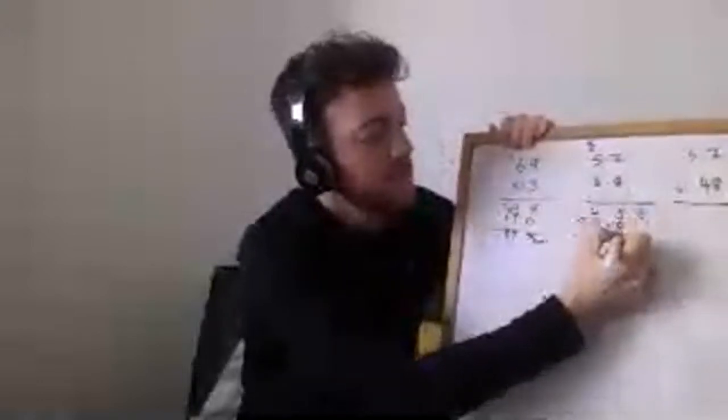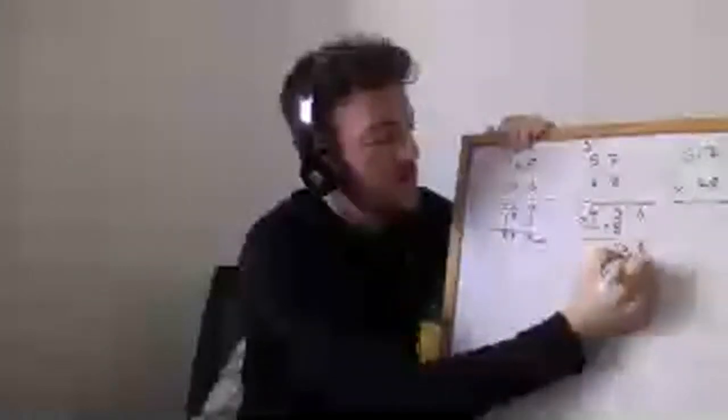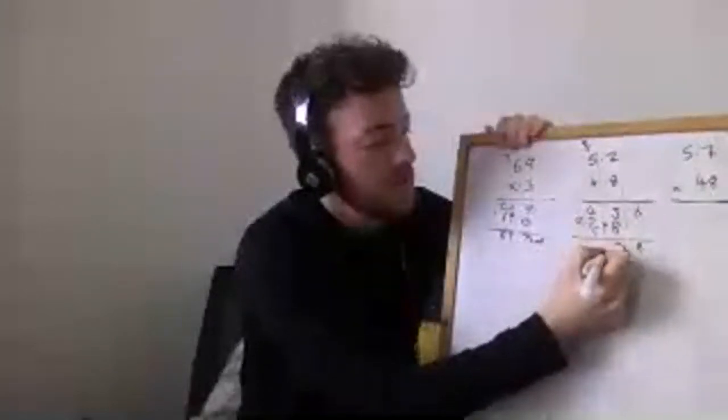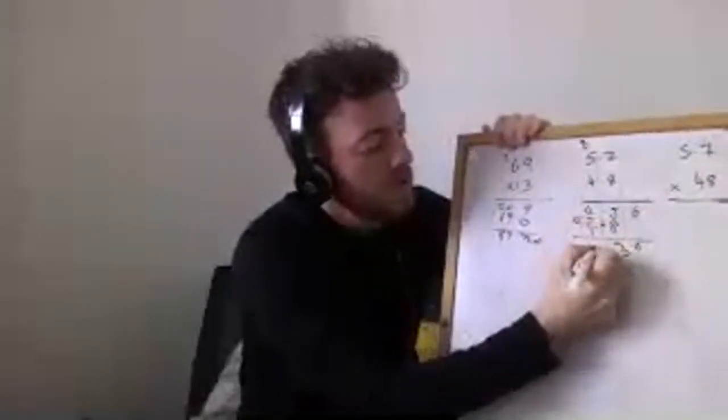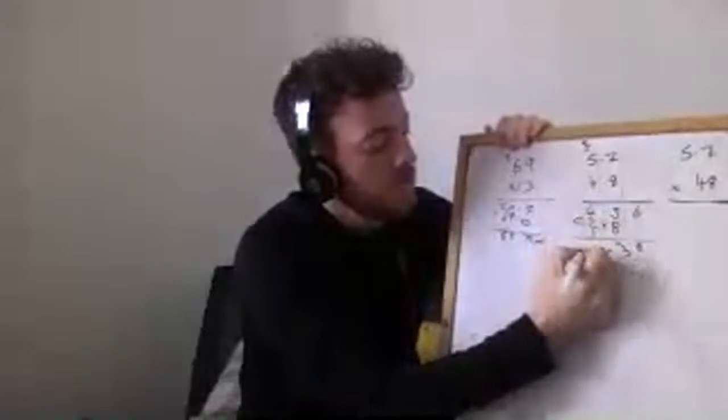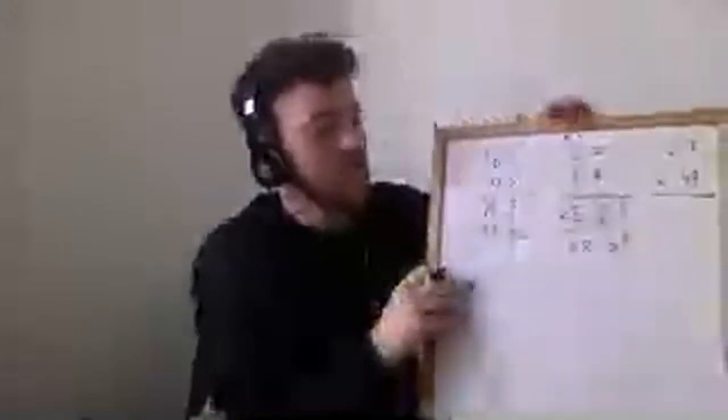Then we add them up. 6 and nothing, 6. 5 plus 8, 13. Decimal. 4 plus 2 plus 1, 7, 2, 2. So the answer here, 27.36 meters squared. All right, so that's that one.